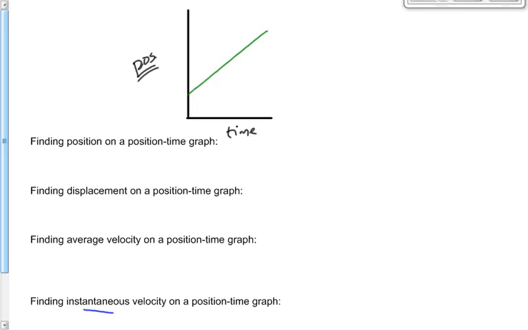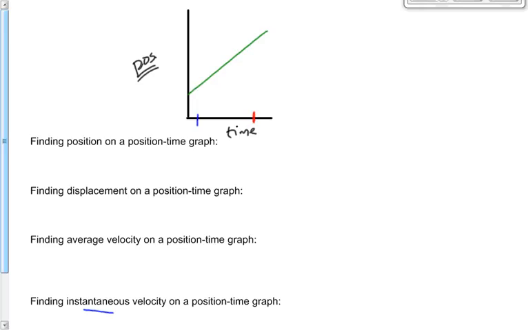Finding position. Well, the position is changing. So what you're going to want to do at any point is find the position at that moment in time. The position at this moment in time. The position at this moment in time. Easy. You know what you've got to do?